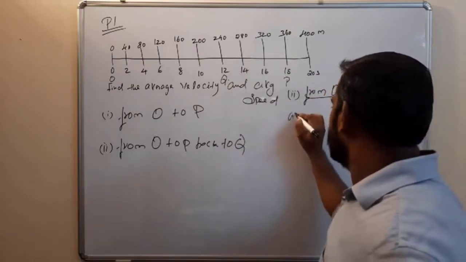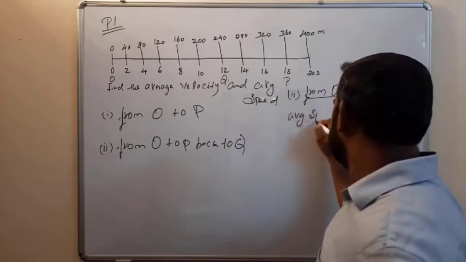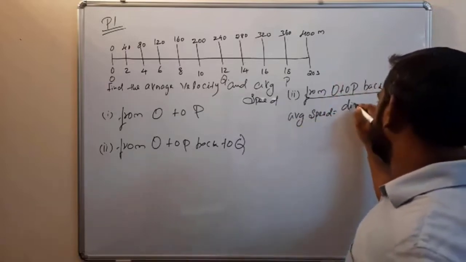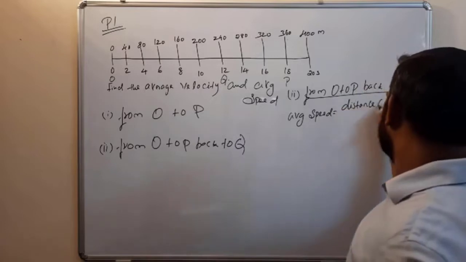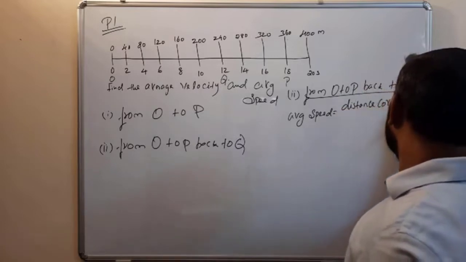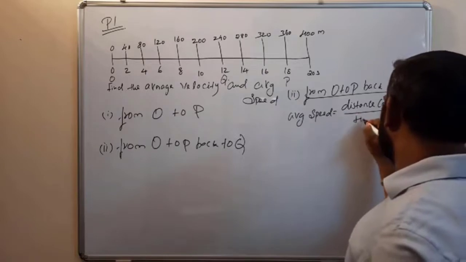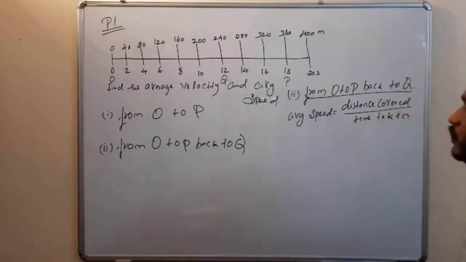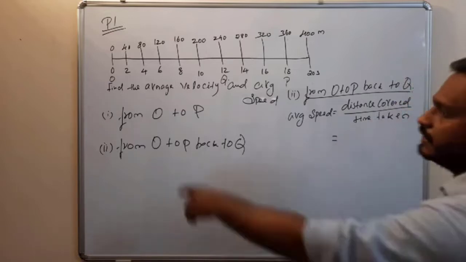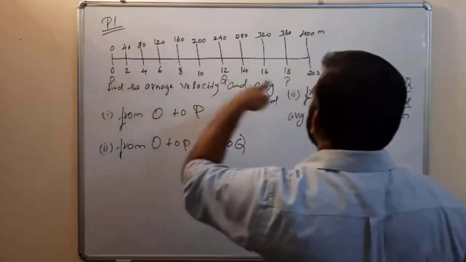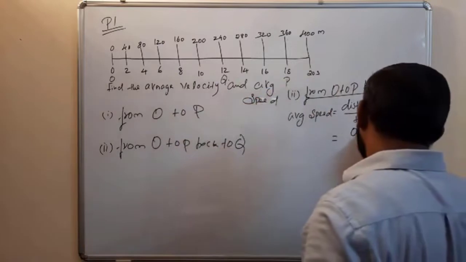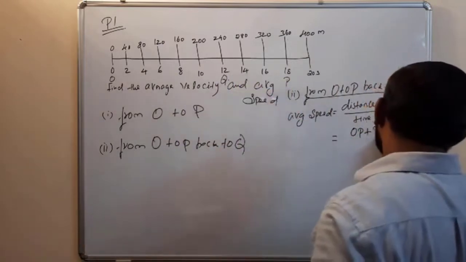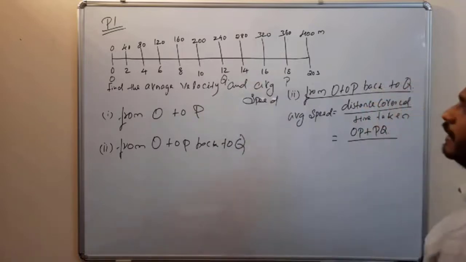First we calculate the average speed. Average speed is equal to distance covered by time taken. So distance covered from O to P, that is OP, plus from P to Q, that is PQ, divided by time taken.